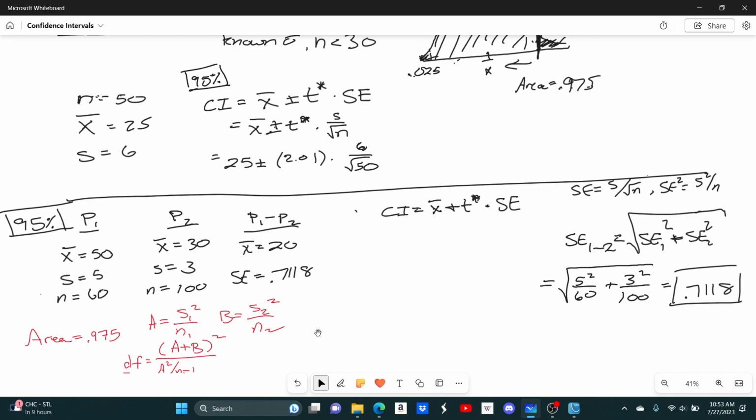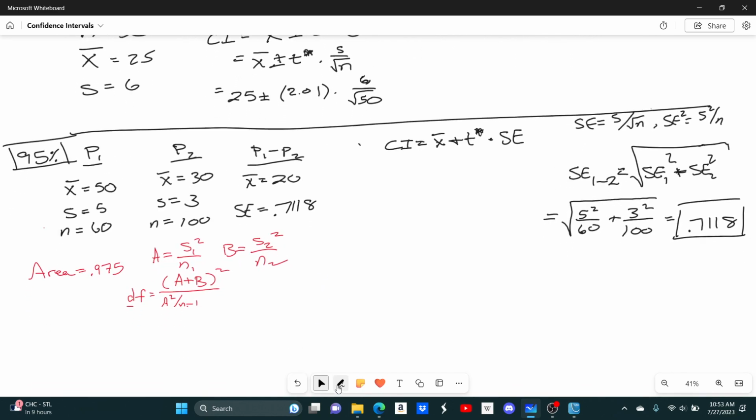I'm running out of space. Let me rewrite this. Over A squared over N1 minus 1 plus B squared over N2 minus 1. This is our degrees of freedom formula for a difference in population means.